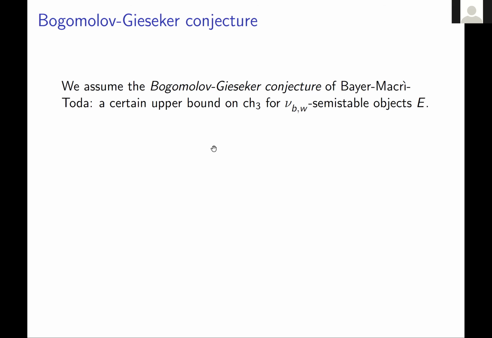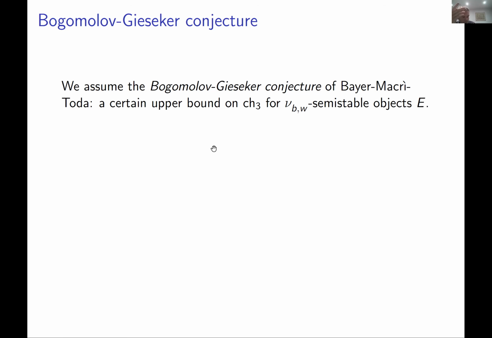Okay, and then we use heavily this Bogomolov-Gieseker inequality conjectured by Macri and Toda. And this has been proved in some cases now. Some of you will know the standard Bogomolov inequality. It says if you take slope stable sheaves or Hermitian-Yang-Mills connections, they're defined using only the first Chern class or first Chern character, because they're defined using ordinary slope, so degree of the first Chern class and so on.